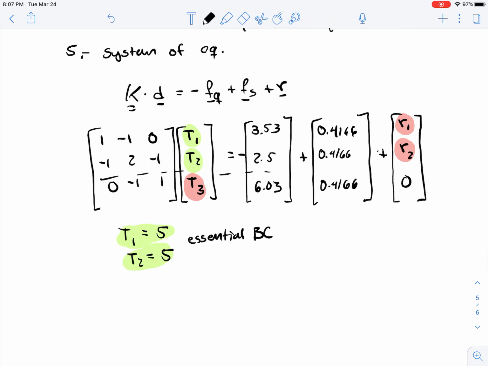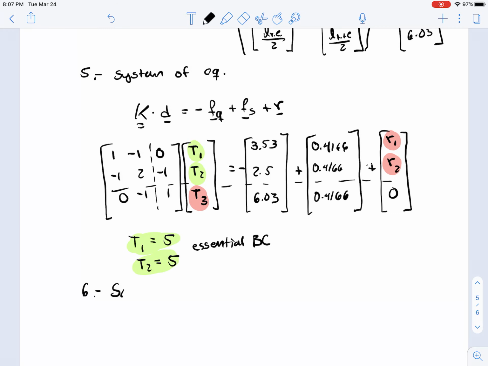How to solve the system? I could partition, and I uploaded code that basically partitions the system. So you get one single equation for T3. If you solve the last equation, you can solve for T3. And then if you plug in this value, you can evaluate the first two equations to get the reactions 1 and reactions 2.